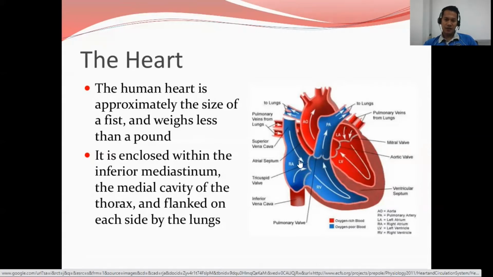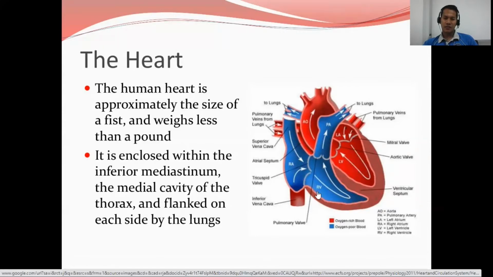It gathers around the right atrium here, and then goes down to the right ventricle. From the right ventricle it goes to the lungs. Let's follow the arrow here. It gathers all here in the right atrium and then goes down to the right ventricle.